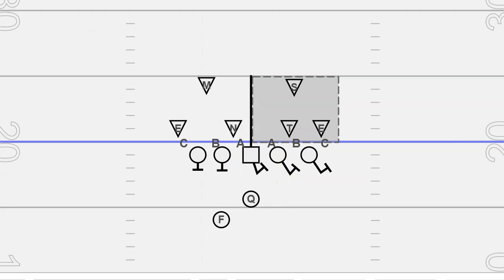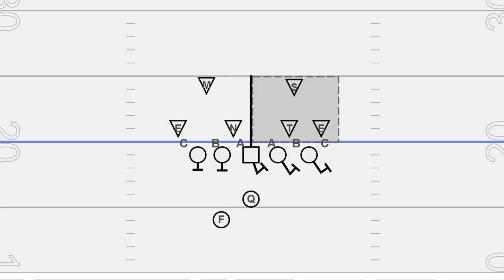Let's take a look at a diagram with a more detailed breakdown. In this case, the call is Fred. Now each offensive lineman has the exact same pass protection responsibility in Fred as he does with a Roger call. In fact, looking at it, without seeing what the F is doing, you don't know if this is a Roger call or a Fred call for the offensive line.